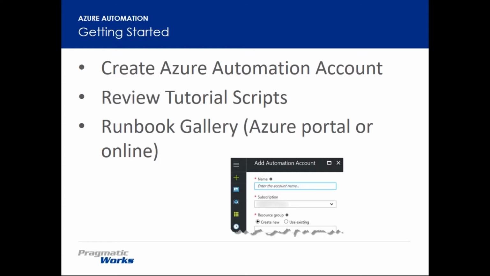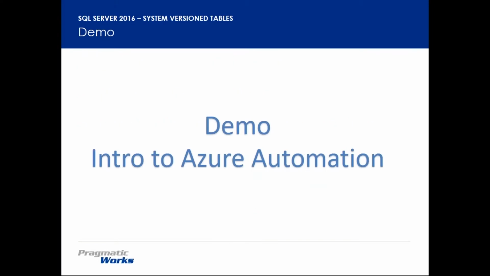There are a lot of those scripts available out there, and they work, but you can also download them and extend them as you want. So I encourage you, if you're getting started, to take a look at the Runbook Gallery, which we will do here in just a second.